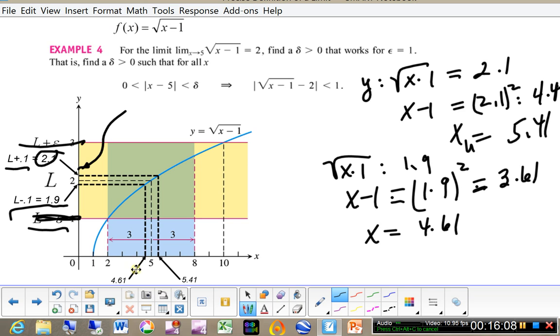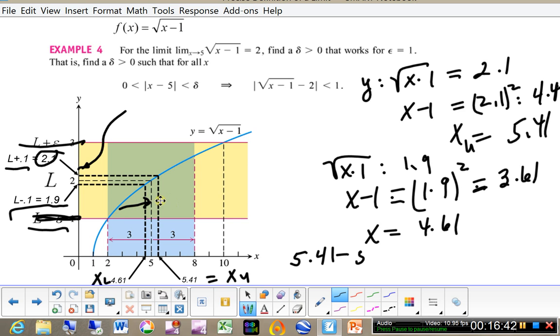And so now we plot x lower and x upper, and we see that we pick a delta as a minimum of 5.41 minus 5.